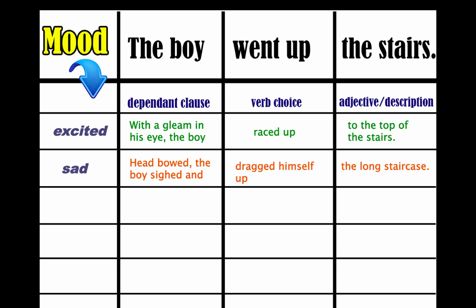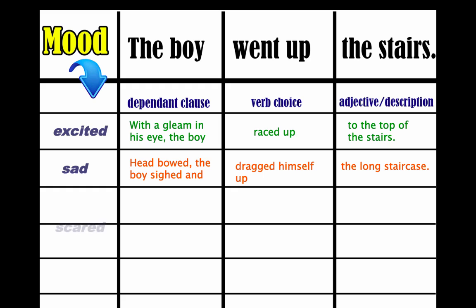That staircase becomes very long now, and it feels like it's taking forever. And so that way I can convey that mood and bring it right across to the end of that sentence. So let's read this sentence together and see if you can feel the sadness in it. Head bowed, the boy sighed and dragged himself up the long staircase.